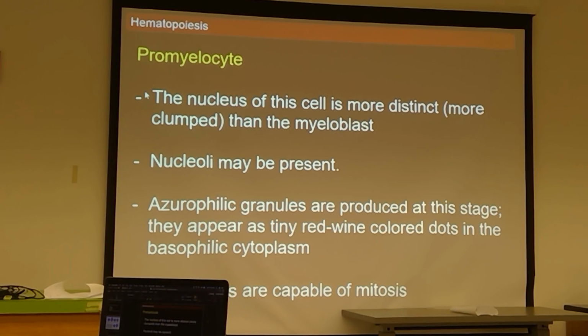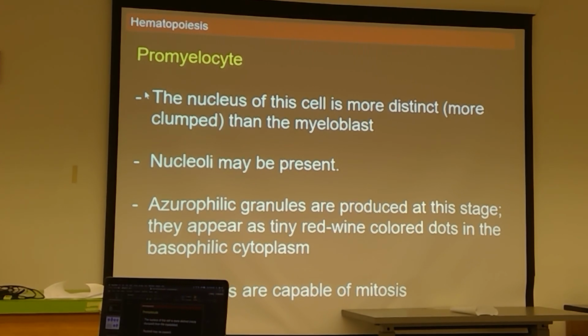This one we'll be able to identify on our slides, the promyelocyte. What we're going to see is that the promyelocyte has a nice round nucleus. It's usually a little bit more eccentric, so we'll get it off to the side a little bit. So we'll see that with the white blood cells, eccentric nucleus.